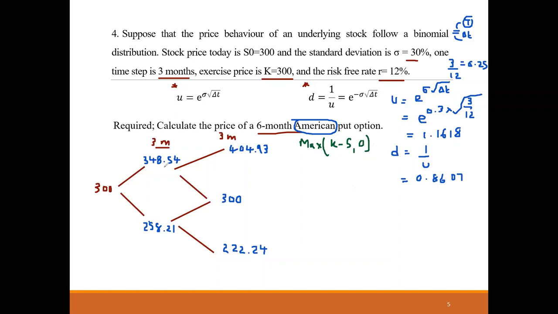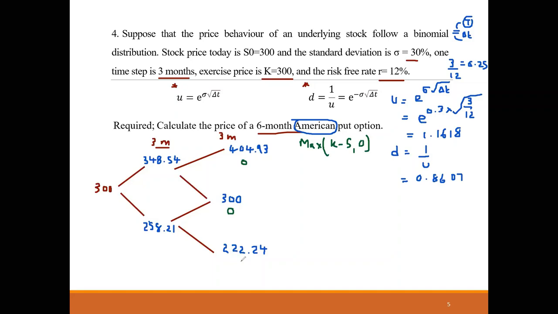Here this would be SUU. At SUU, the payoff is 0. Why? Because K minus S will give you a negative value. You know that the value of the option cannot be negative. So the worst that it can be is 0. And here, again, the value of the option is 0. 300 minus 300 will give you 0. You can take it as 0.